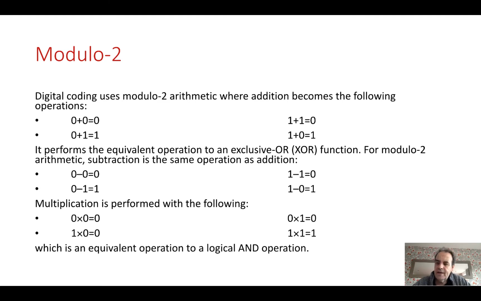And basically, when we have to do our adding together, it's a bit like a binary adder. A 0 and a 0 gives us 0, 0 and a 1 gives us 1, 1 and a 1 gives us 0. Remember when we used to do that at school, 1 and 1 is a 2, which is a carry 1 and a 0. In modulo 2, we ignore any carries and we keep it quite simple.